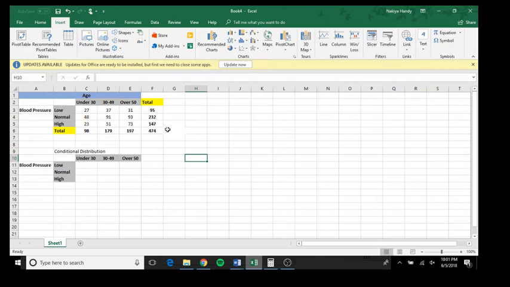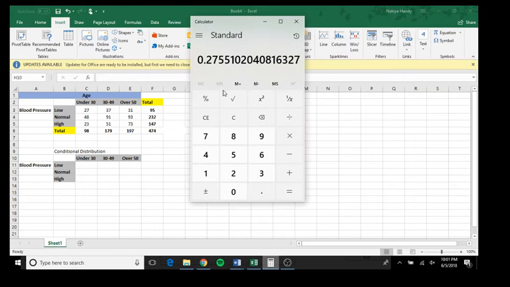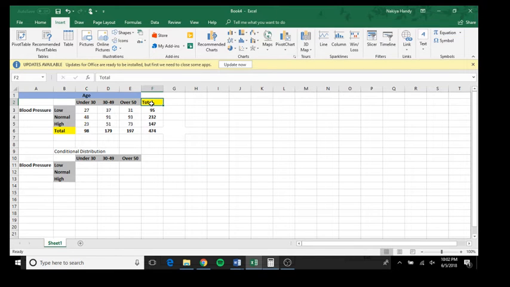So I'm going to go to my spreadsheet, and for marginal distribution, it can be expressed as either counts or percentages, but in this case, they are expressed as counts. So now what we're going to do is grab the calculator, and this will be considered the marginal distribution.